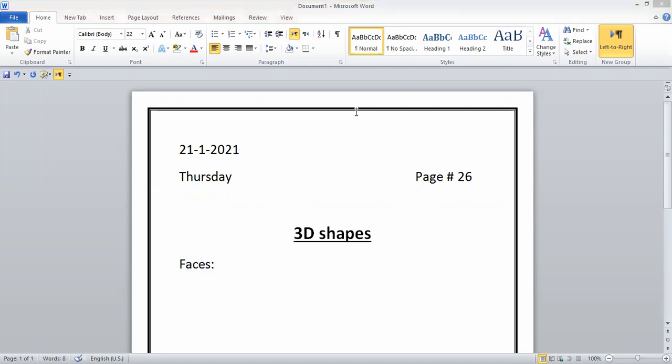Would anyone like to tell me what faces are?